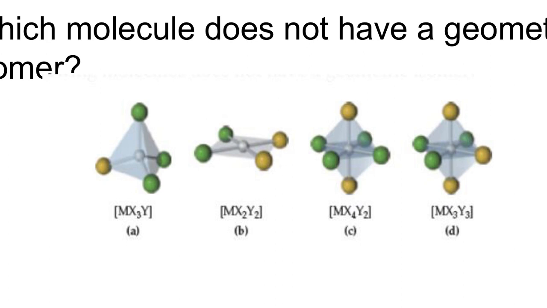Here's a very blurry picture. We can do this example. Which molecule does not have a geometric isomer? So again, geometric, cis and trans.